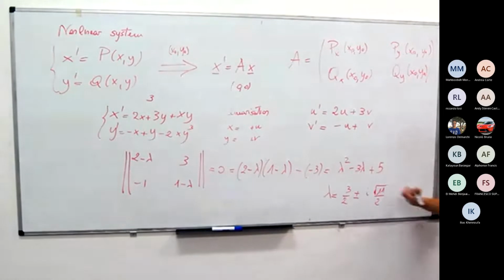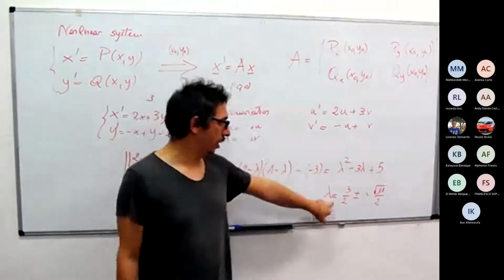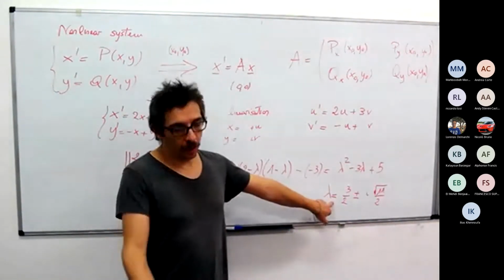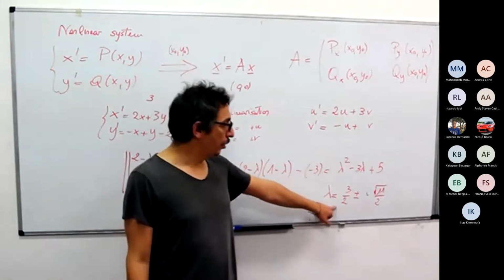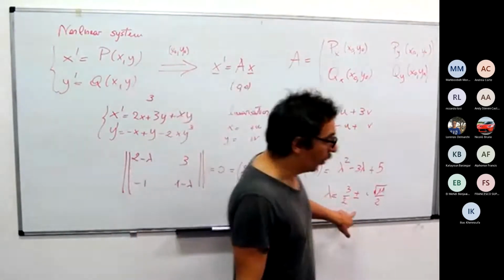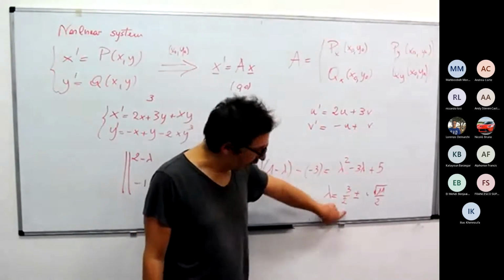So what does this tell me? Here, what I found is that the linearized system has two complex eigenvalues, which are one the complex conjugate of the other, two complex eigenvalues whose real part is larger than 0, these 3 alphas.